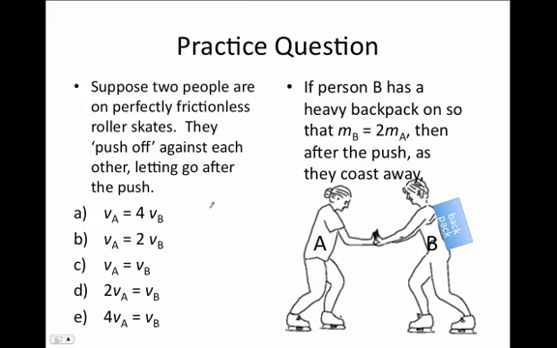Let's consider a situation where two people are mounted on roller skates and they push off against one another. We'll say that person A is right here, is pushing off on person B. So there's going to be a force on person B given by F_AB.